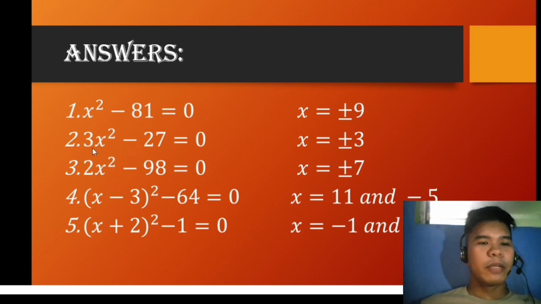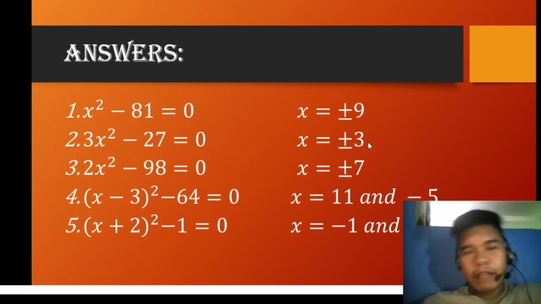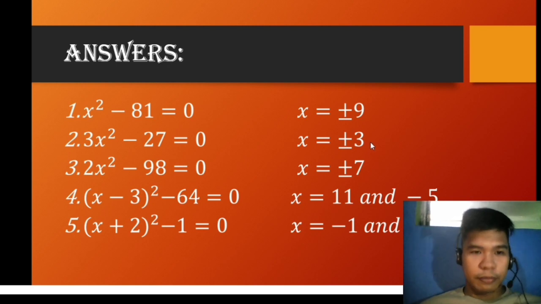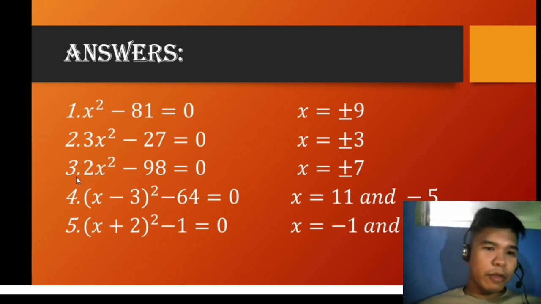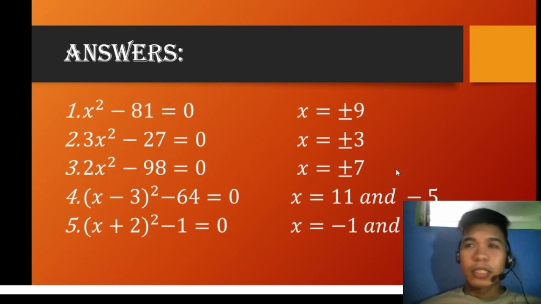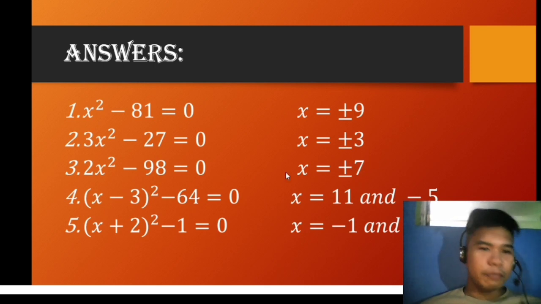For number 2, given 3x squared minus 27 equal to 0, we have x equal to positive and negative 3. Then for number 3, we have 2x squared minus 98 equal to 0. The solutions are positive and negative 7.